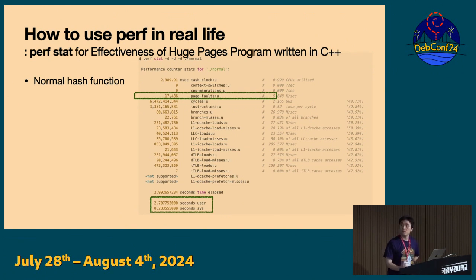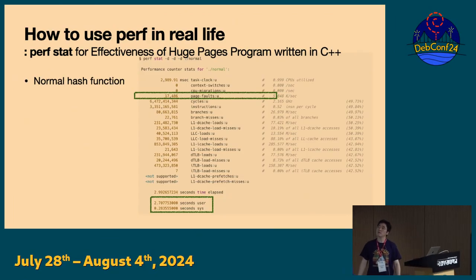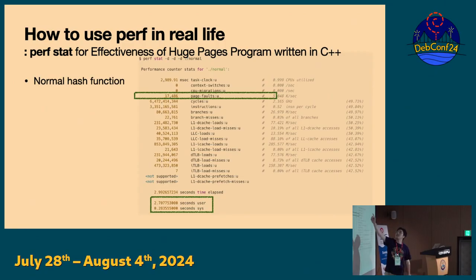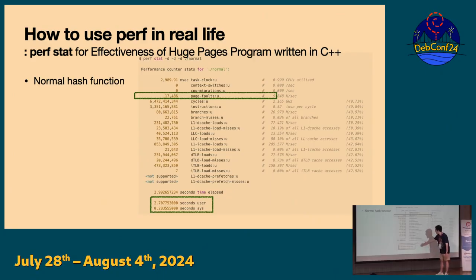So we can see with perf stat -d -d -d, triple D, a hash-making program. There are page faults, 17,000, and we can see some running time in user space and kernel space.